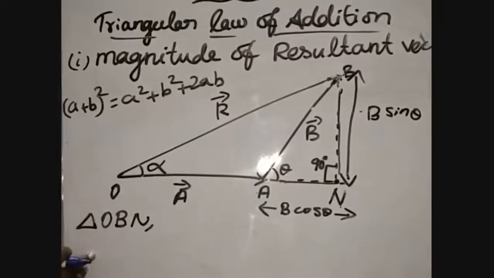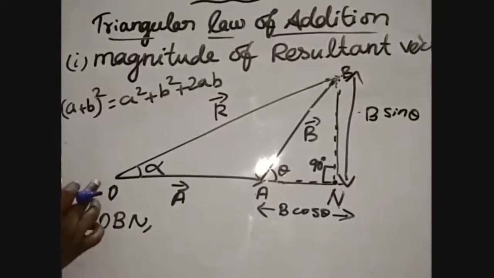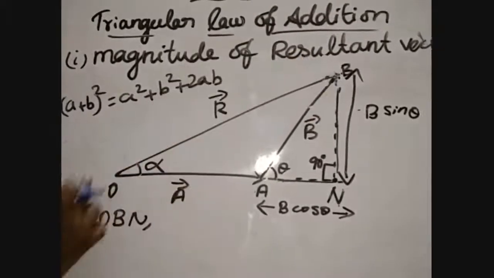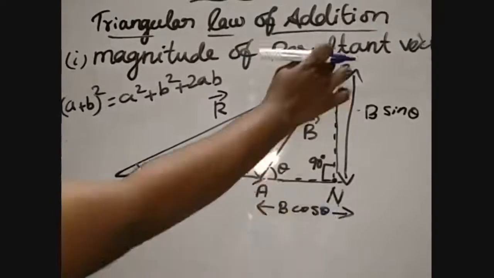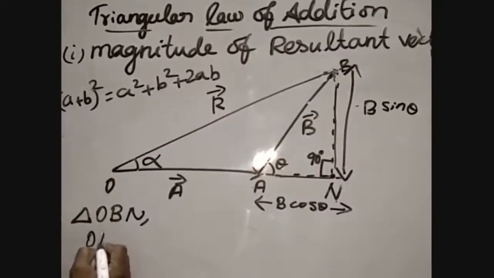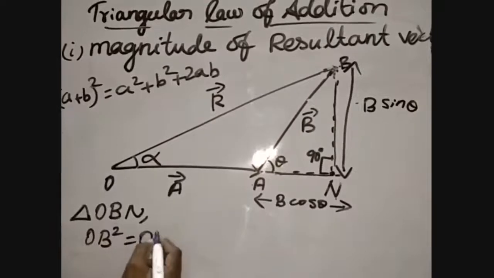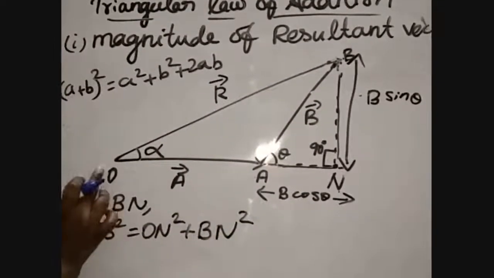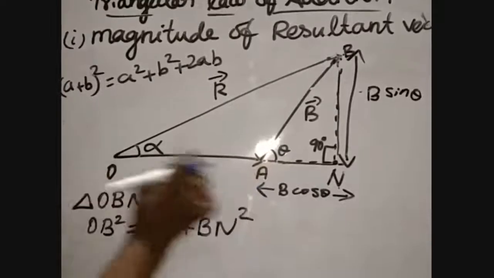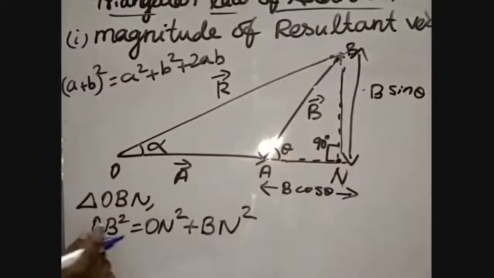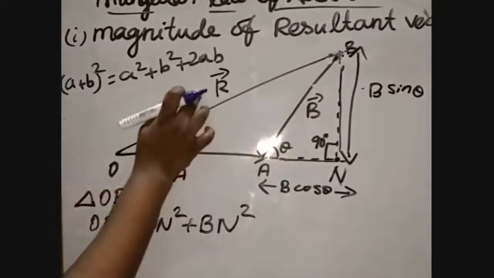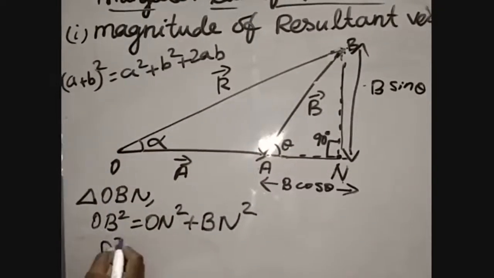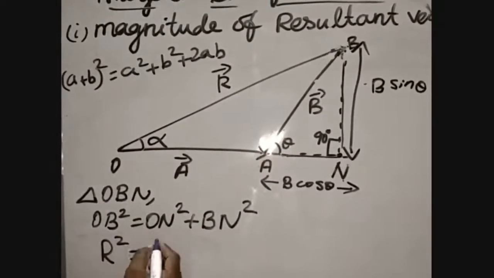Here we are going to apply Pythagoras theorem, that is OB squared equals ON squared plus BN squared. Here the portion ON is split in two, that is OA plus AN. So OB squared portion is called R. So R squared equals ON squared.